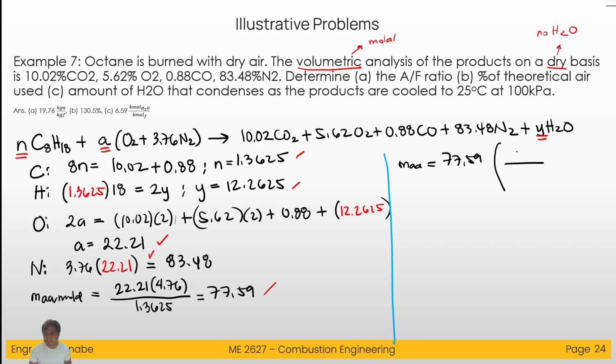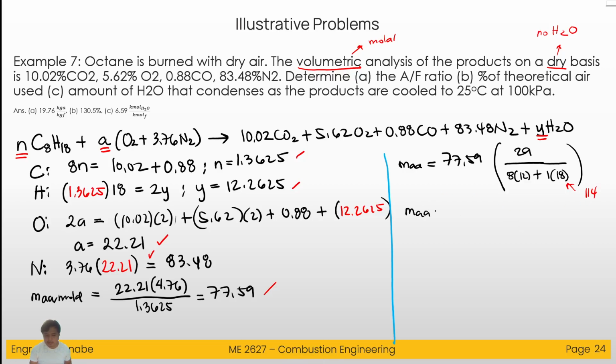The molecular weight of the air is 29. The molecular weight of fuel is 12. Sorry, actually we've solved this one previously. This will be just 8 times 12 plus 1 times 18. So this will be basically 114.